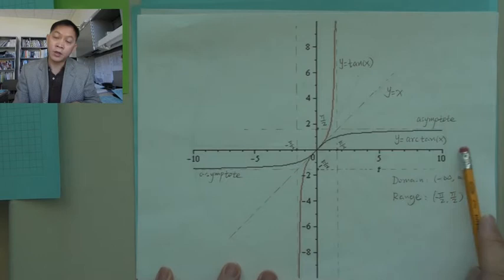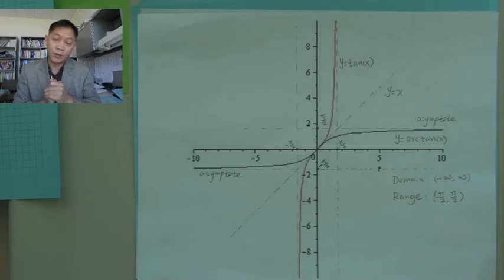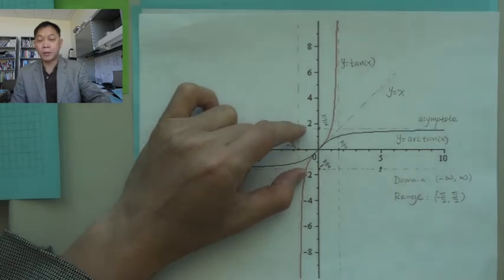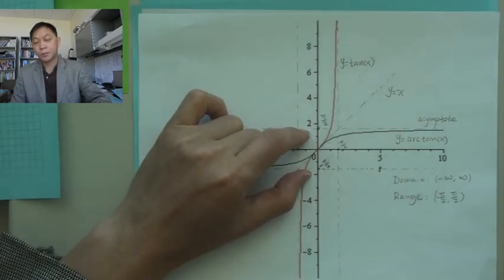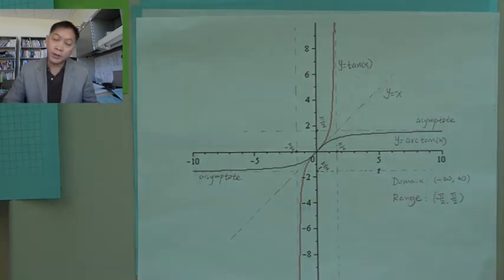The input is not. And for arcsine, the input is restricted from negative 1 to positive 1. The output, they have the same range, but the inputs are different.